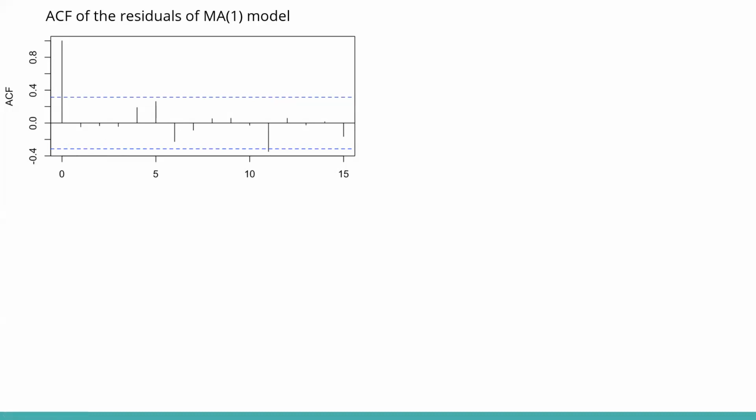If I plot the estimated autocorrelation of the residuals at different lags, I expect all of them to be within the blue dotted line. The only one that should be outside the dotted line should be the one that corresponds to lag 1. That is the only one.